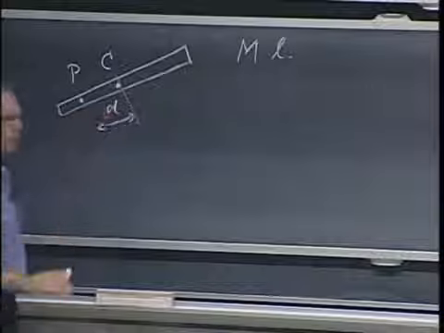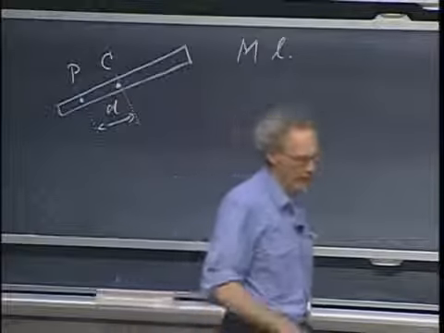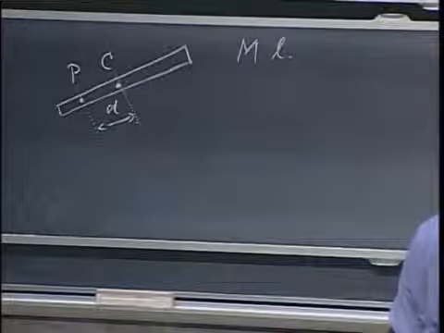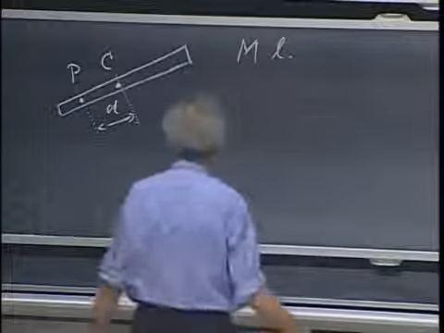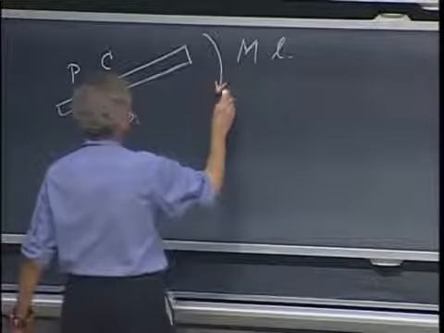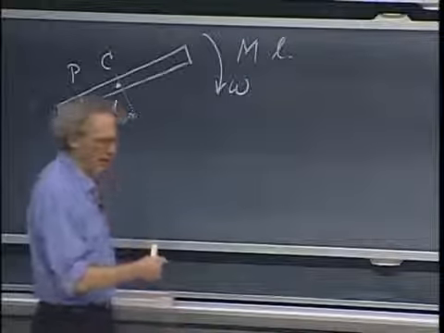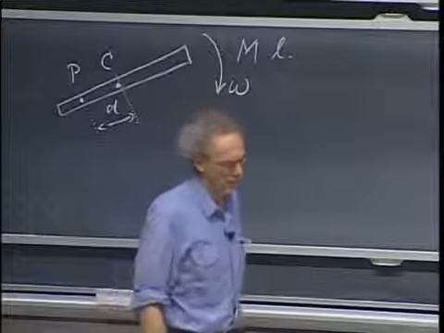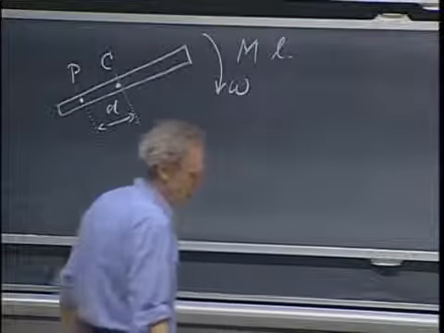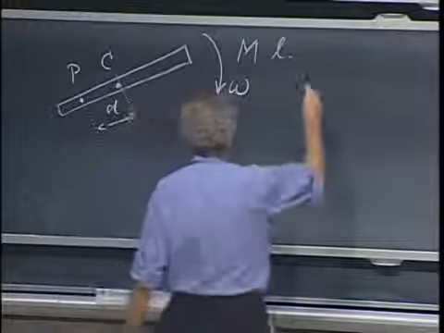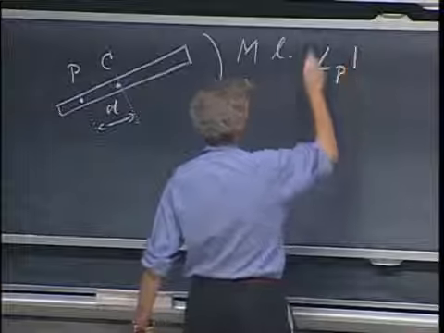Think of this as a horizontal, frictionless plane, and I'm rotating it with an angular velocity. Let's say we rotate it in this direction, forced about that point P. I put a pin in there, perpendicular to the blackboard, and I rotate it. I'd like to know what the magnitude is of the angular momentum relative to point P.